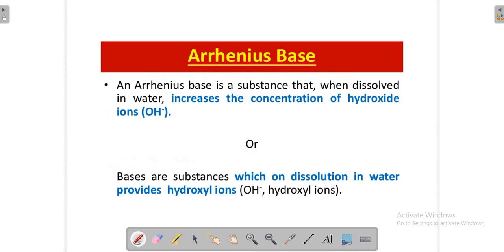Now move to the Arrhenius bases. Similar to the Arrhenius acid, Arrhenius bases are the substances which, when dissolved in water, increase the concentration of hydroxide ions. Actually, they produce the hydroxide ions on dissolution in water. So let's see the example of the Arrhenius base.